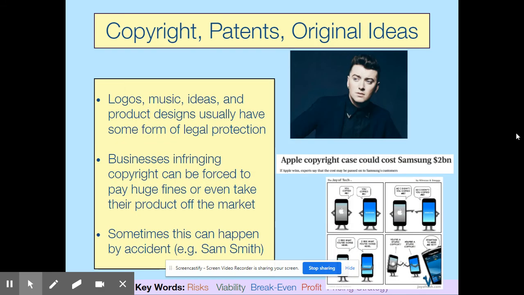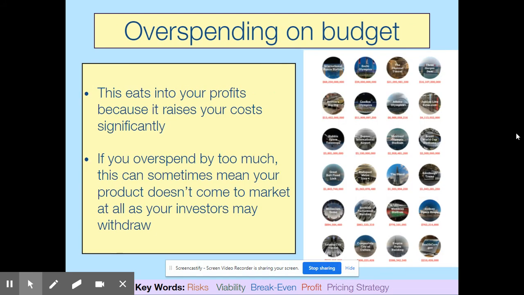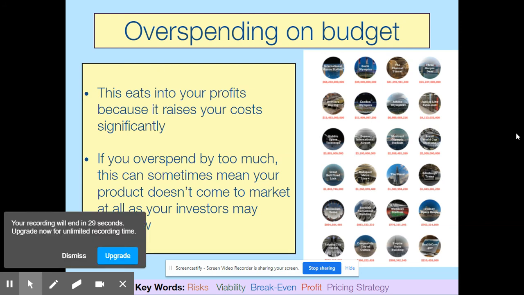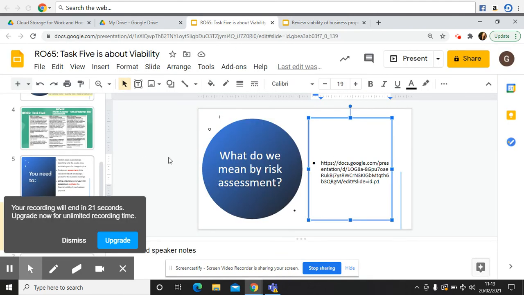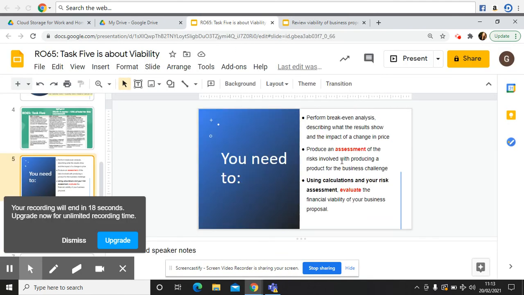There might be other things that you think could be risks, you could even say selecting the wrong price or pricing strategy and so on. There are a number of things that could be problematic about your project, and that's what you've got to do in this bullet point here. So that's what you do when you're asked to produce a self-assessment.